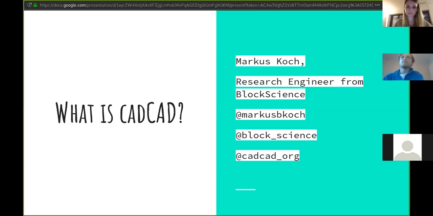So cadCAD, the short answer is that cadCAD is a Python package targeted at modeling and simulating complex systems, right? So the idea is that once you have a model of your system described in the way that cadCAD expects it to be described, you can do Monte Carlo simulations, A/B testing, parameter sweeping of the system in order to understand how it responds to different assumptions, right?